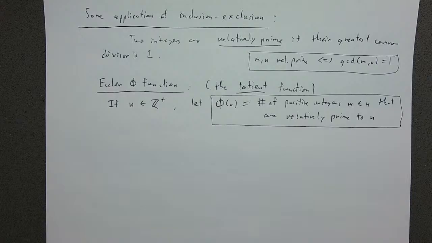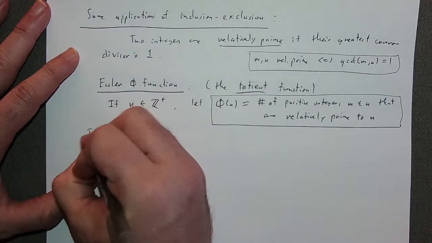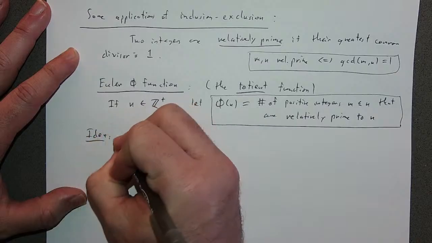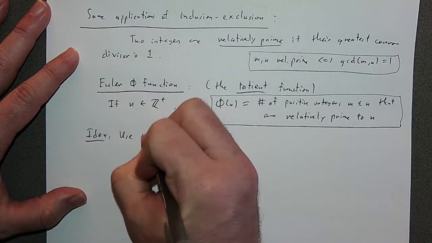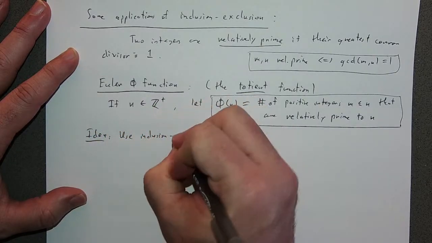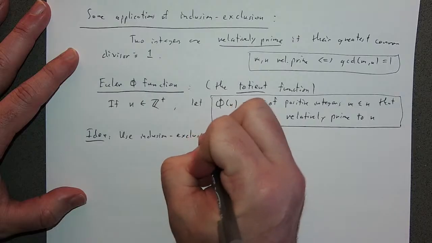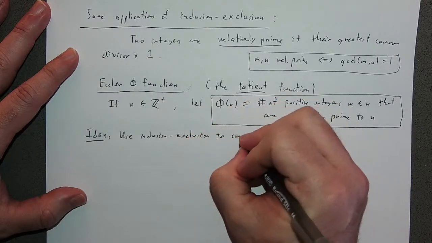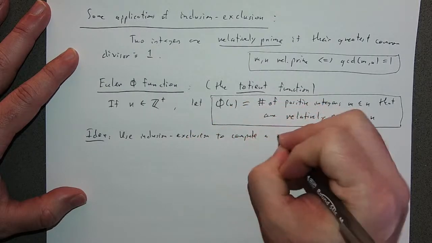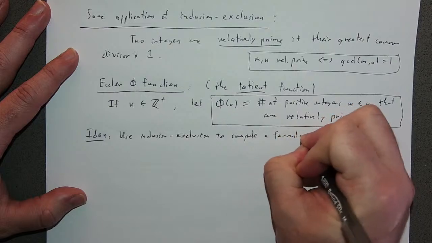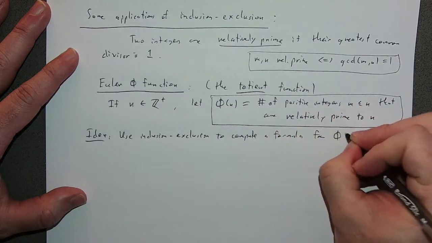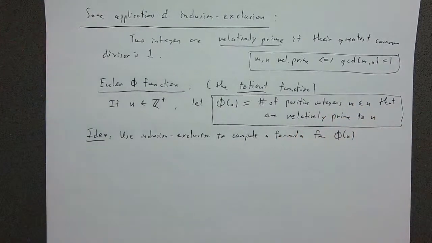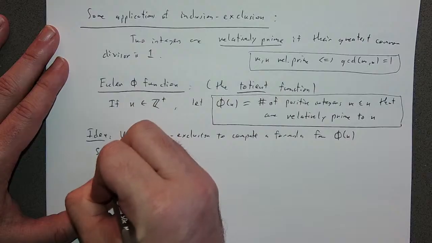Okay, and so all I have to do, so what is the idea? Is to use inclusion-exclusion to compute a formula for this. But then I need a kind of a sub-idea here.